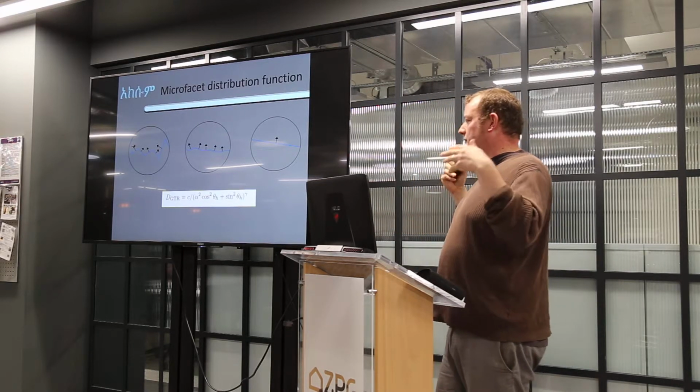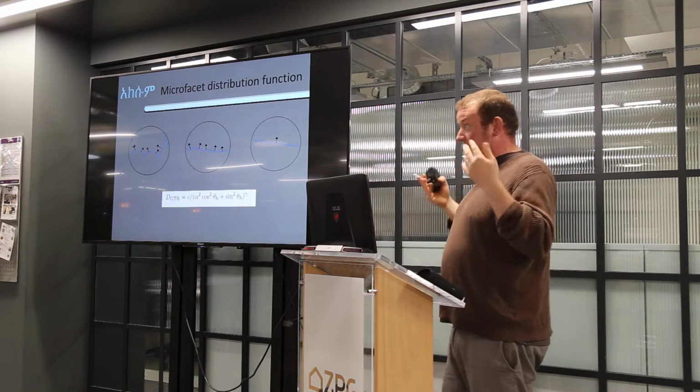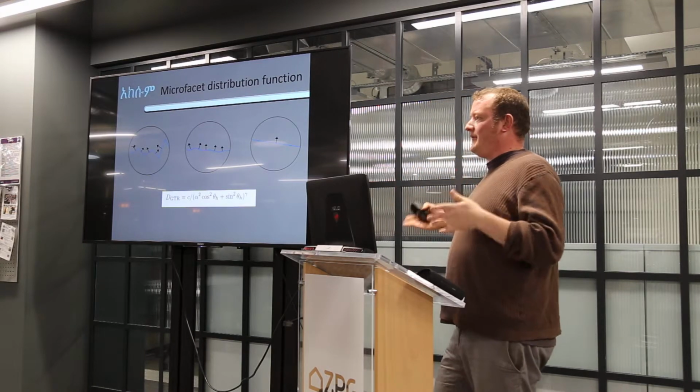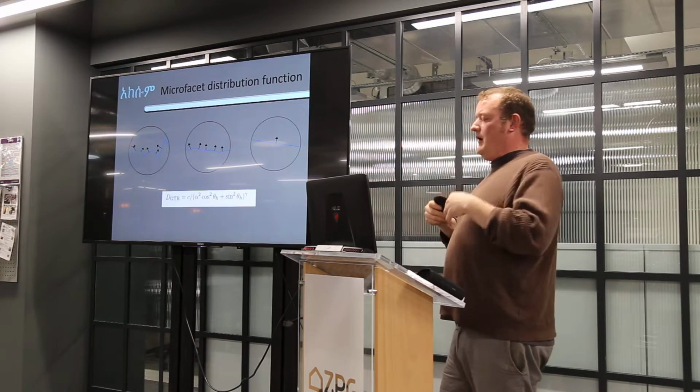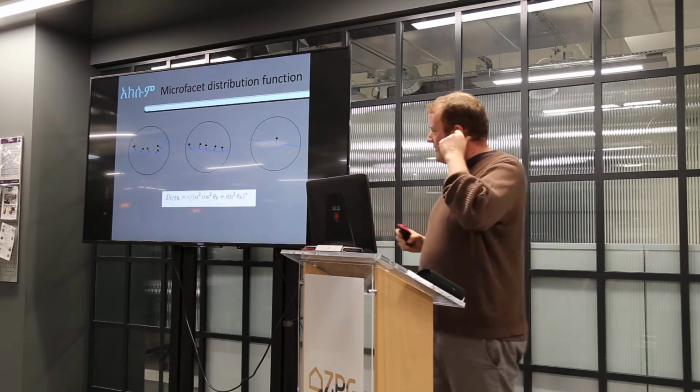And so again, just as in thermodynamics, you can use statistical methods to analyze this and come up with a function that represents the behavior of light on average, what will light do when it hits the surface.